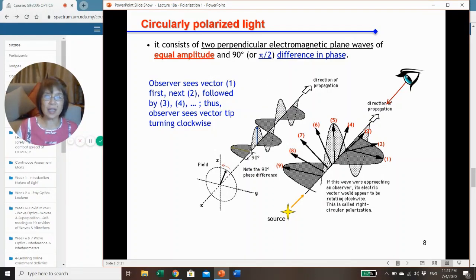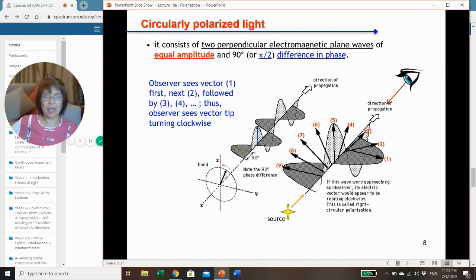So here, this dark shaded one is a horizontal plane EM wave, and this one represents the vertical EM wave, but we only represent the E field again, and they are out of phase by 90 degrees.